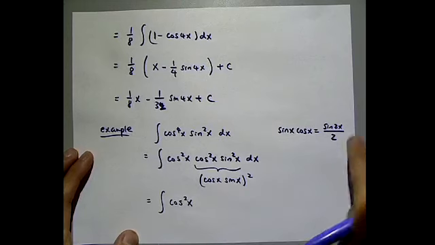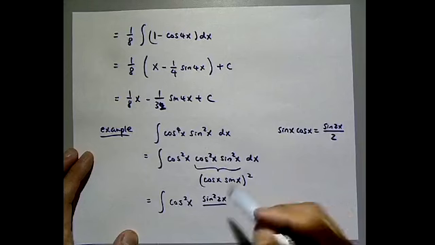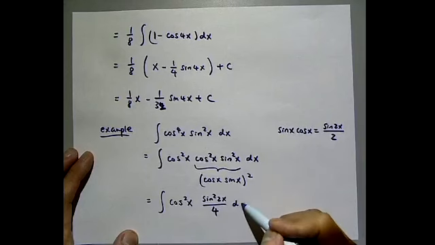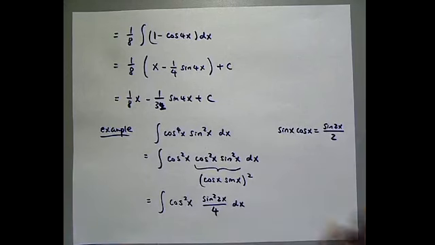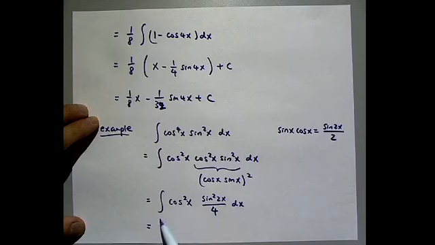So here I get sine of 2x squared over 2 squared, over 4. Let's take our 4 outside.